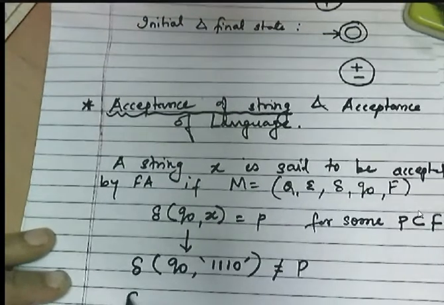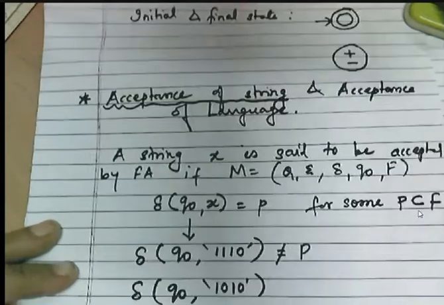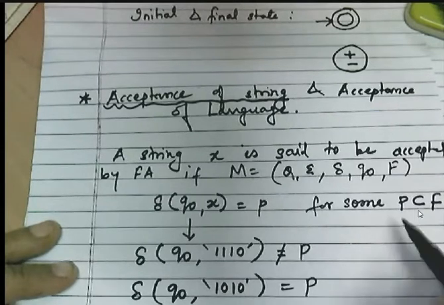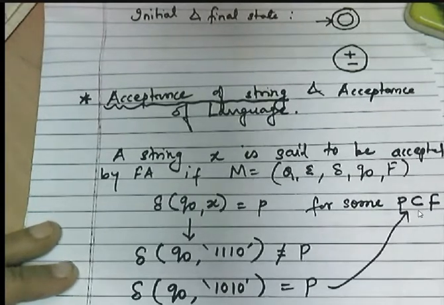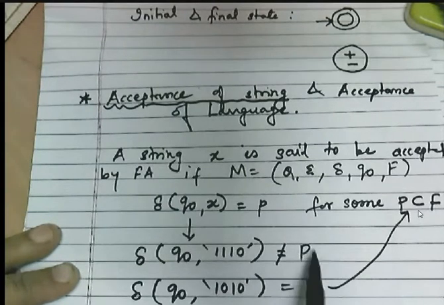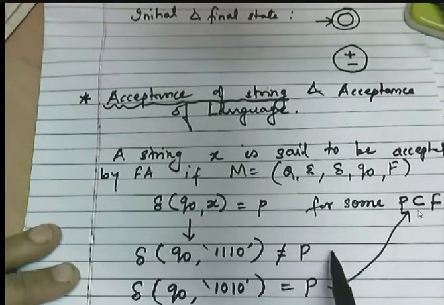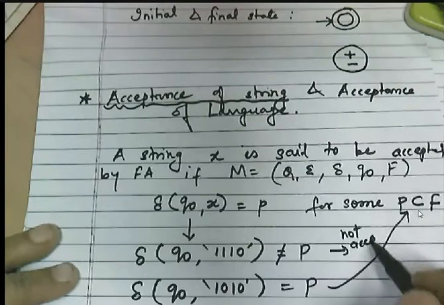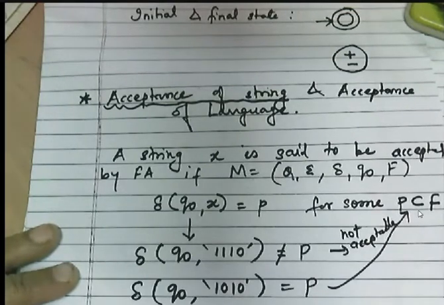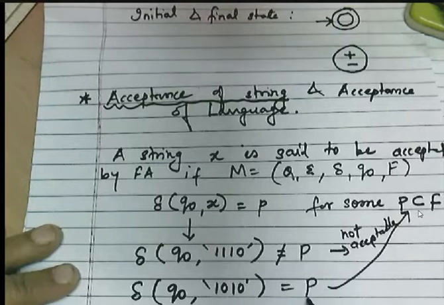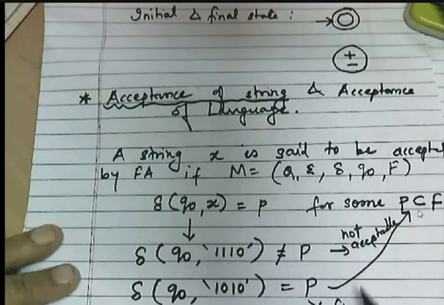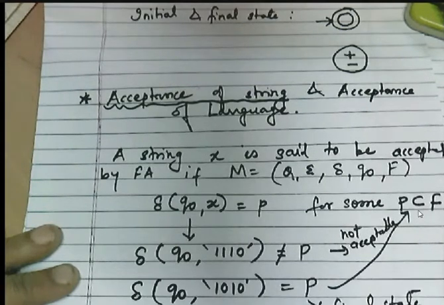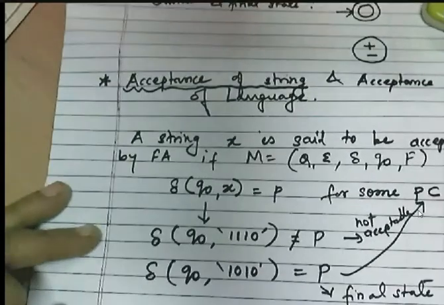But for example, when we had this string as an input, that time we reached P, where P belongs to the final state. If it does not belong to a final state, then it is not acceptable. I have just shown you with the example, and if it reaches a final state, then it is acceptable.